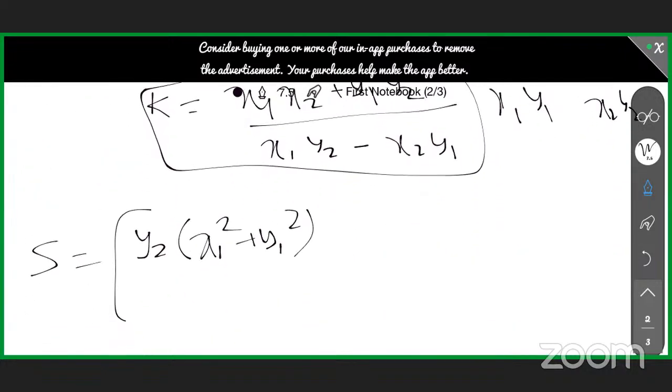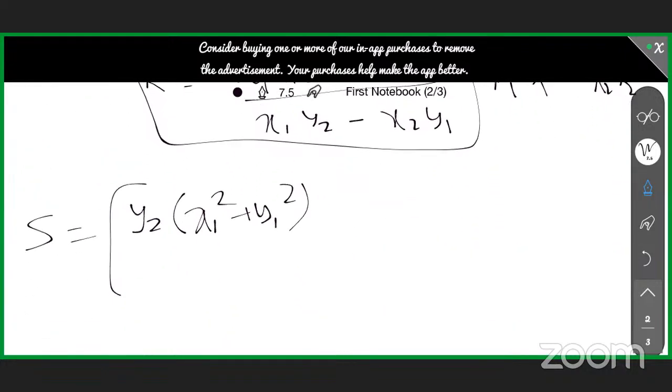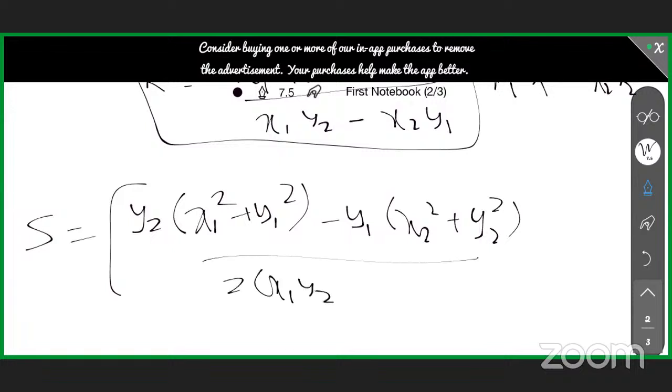Now for the same triangle, the circumcenter is given by y2 into x1 square plus y1 square minus y1 into x2 square plus y2 square, all divided by 2 into x1 y2 minus x2 y1. This is the x coordinate.